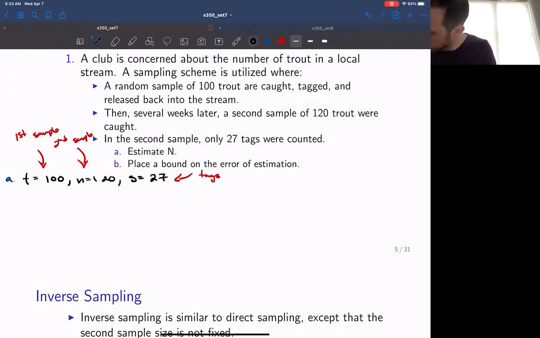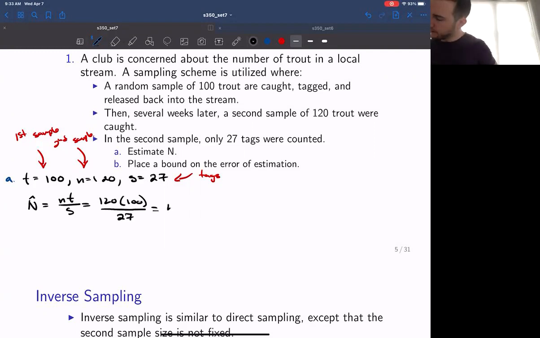Okay, so N hat is equal to little n times t over s. So this is going to be 120 multiplied by 100 divided by 27.